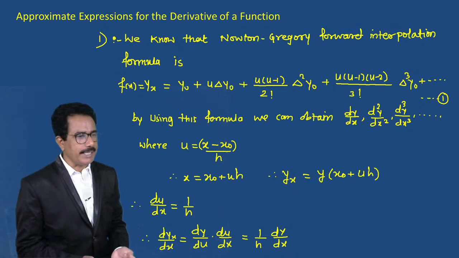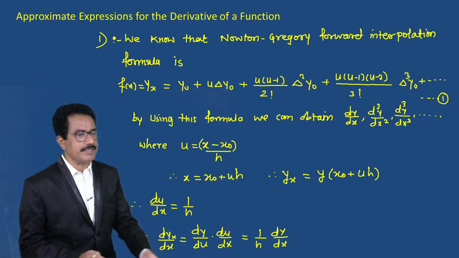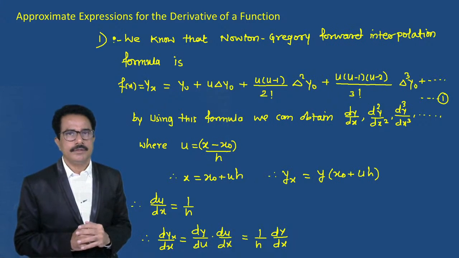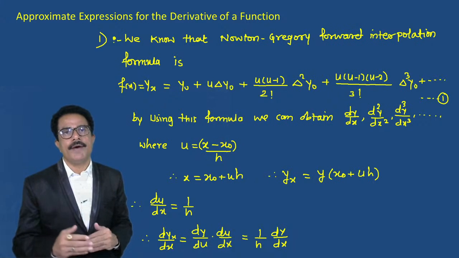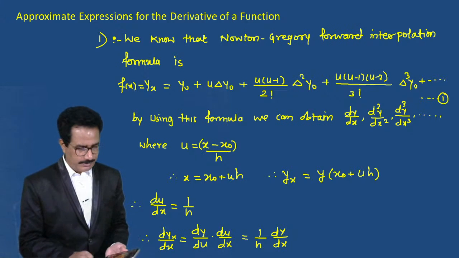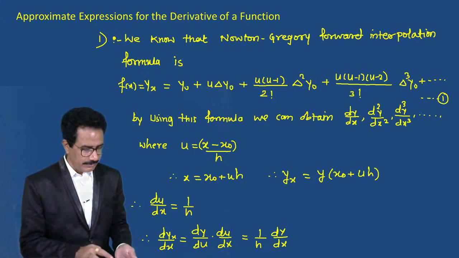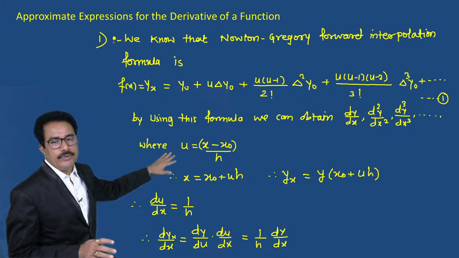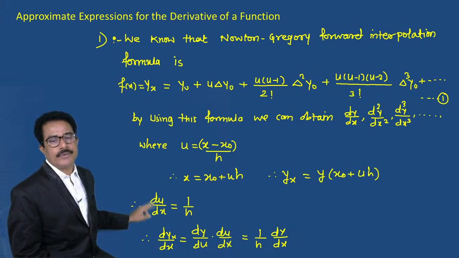Tell me its derivative. Then we can find du by dx. What is du by dx? Tell me from this relation, I will see who is attending the class and who is not. So we can find du by dx from this relation: 1 upon h.